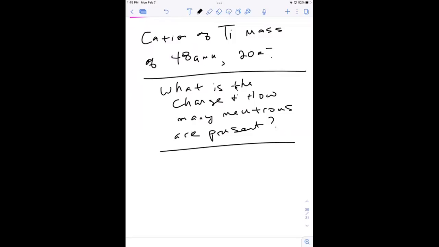So now we can figure out how many protons are present using the mass number and the atomic number. We know the atomic mass is 48. That was given in the problem. What is the atomic number?